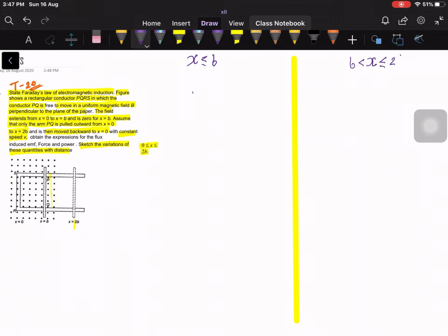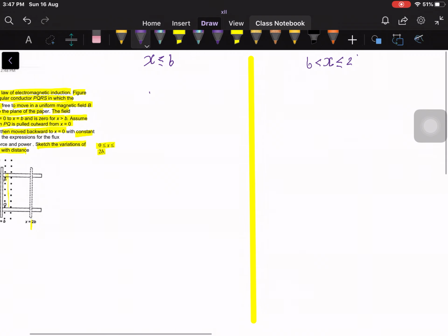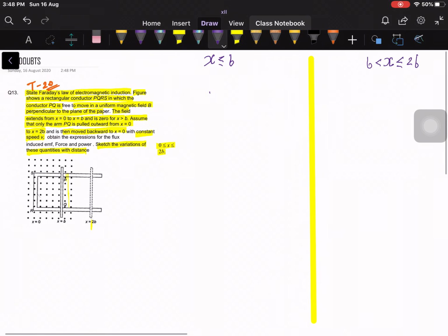Now no doubt must be there about what x is. First we are going to calculate everything up to this region, then we are going to calculate everything up to this region. So two regions, first and second, we are marking here.